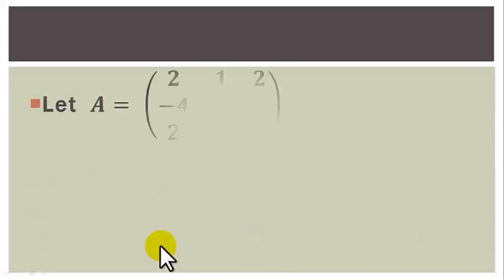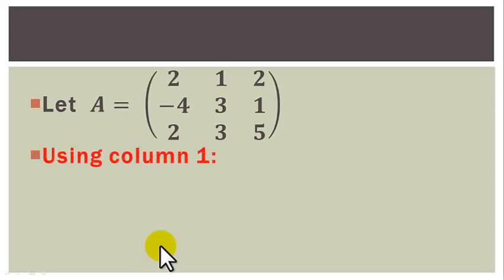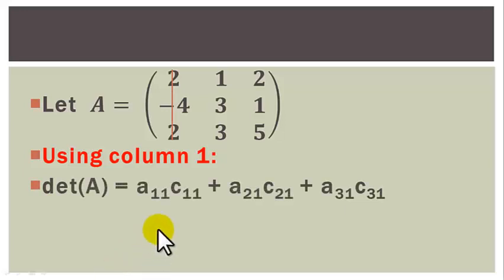Or let us use column 1 to also evaluate the determinant to see whether we will obtain the same answer as using row 1. Using column 1, the determinant is A11 times C11 plus A21 times C21 plus A31 times C31.